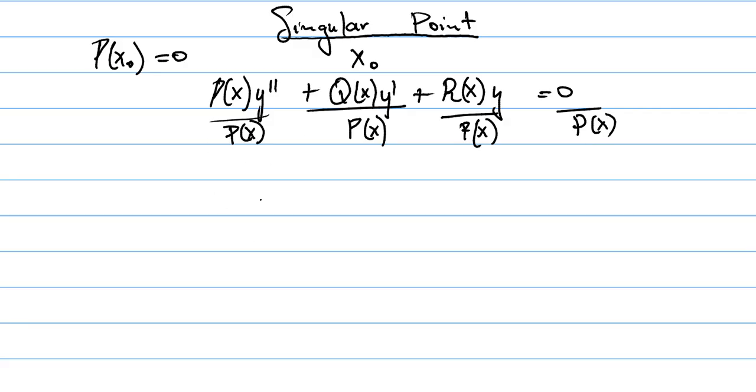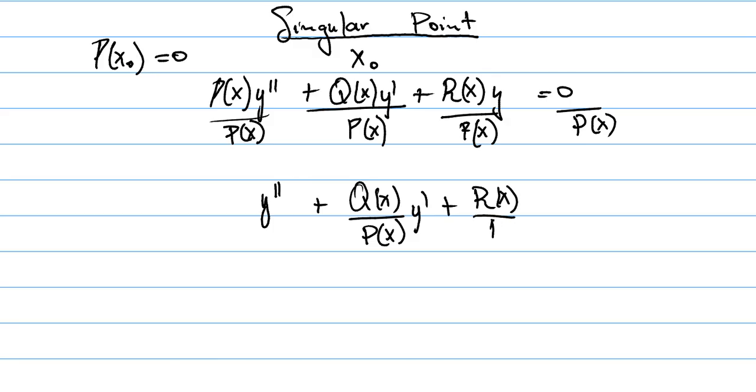So you're going to be left with y double prime plus your q of x over p of x, y prime, plus your r of x over p of x, y is equal to 0. 0 divided by p of x is 0. Okay, so you have that piece of equation.